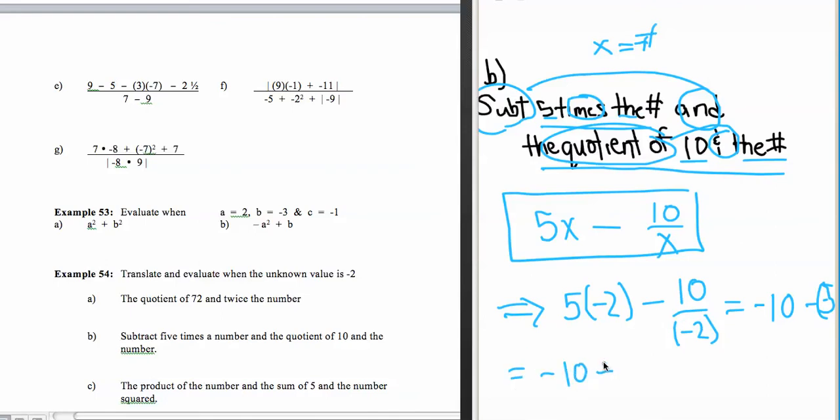And -10 plus 5, of course, we know is 10 minus 5, and 10 minus 5 is 5, and it's negative because the 10 is larger. So just write that really quickly so you can see what I was saying. And that's what we had right there.